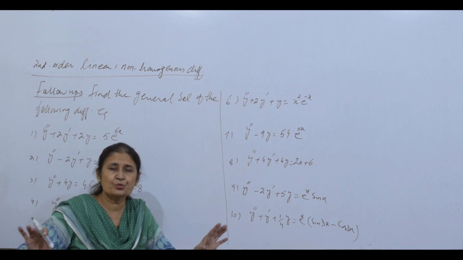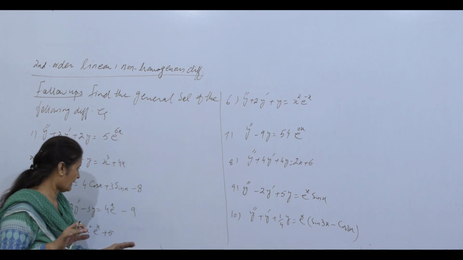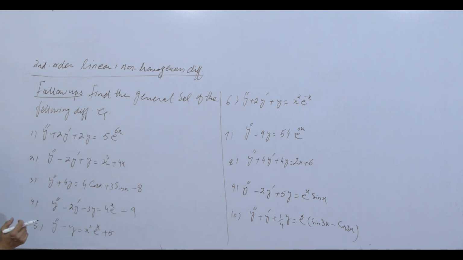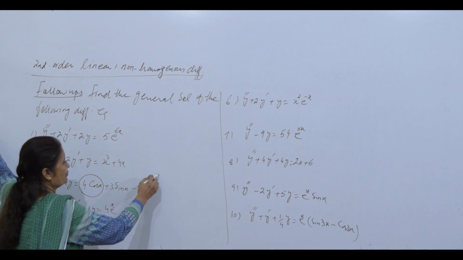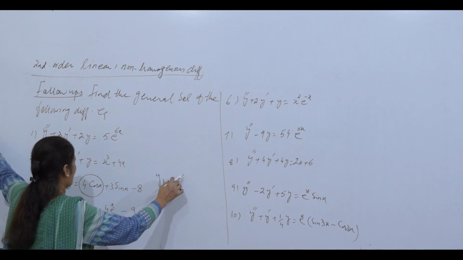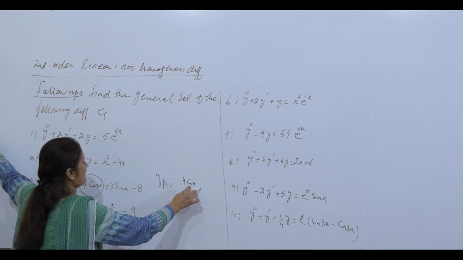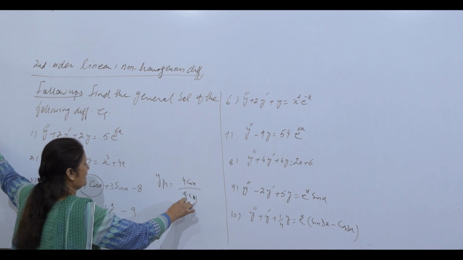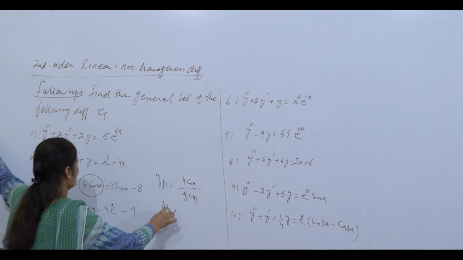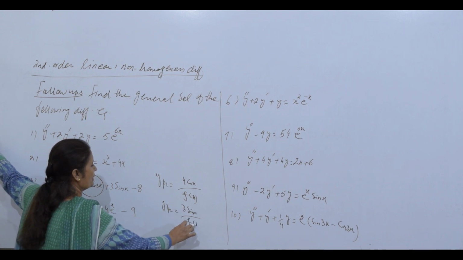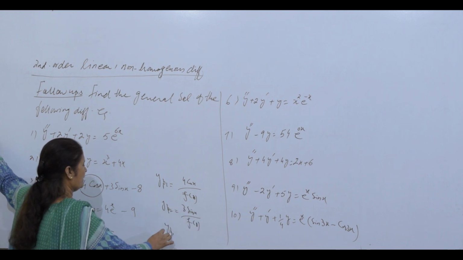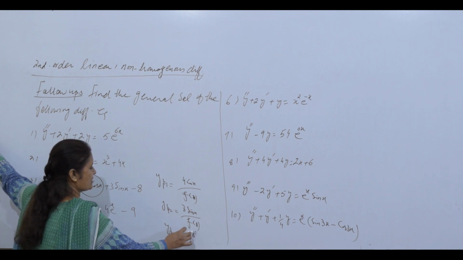So you calculate two yp's. Similarly, for example, in question 3, you have to calculate yp1 for 4 cos x, where the denominator is a polynomial in D. Then yp2 is 3 sin x over a polynomial in D. Then yp3 is minus 8.